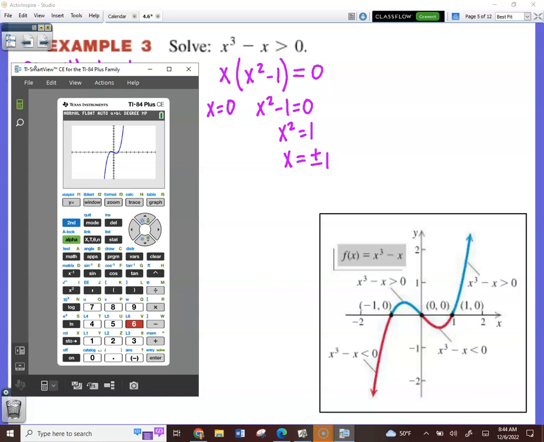I don't like how far away I am from all that activity. There's a lot going on right here, and it's really, really small space. So let me introduce you to the zoom in feature. Zoom in is going to say, okay, I'll zoom in for you. It's going to ask you, where do you want me to center my window where I'm about to zoom in? And in this case, I'm just going to leave it right there and hit enter.